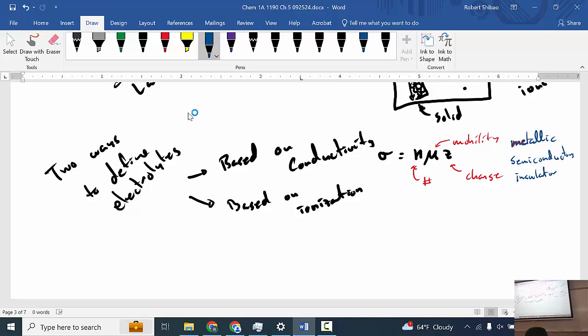A non-electrolyte or a strong electrolyte? What should you call it? Well, it depends. I mean, it doesn't conduct electricity, so how can you call it a strong electrolyte? But then, if you melt it or dissolve it in water, then it conducts electricity very well.